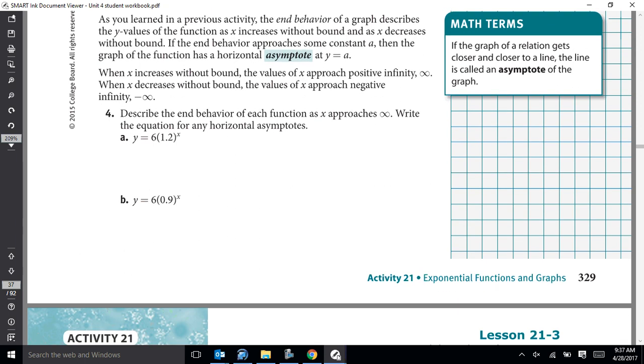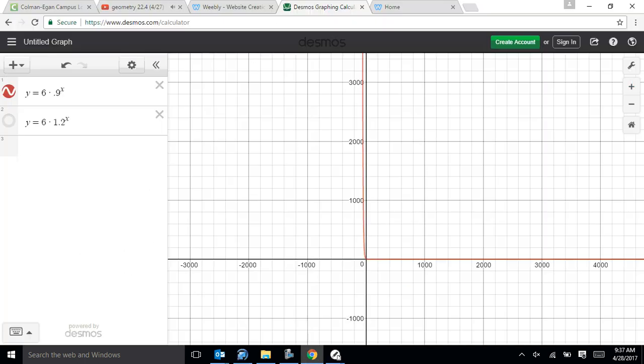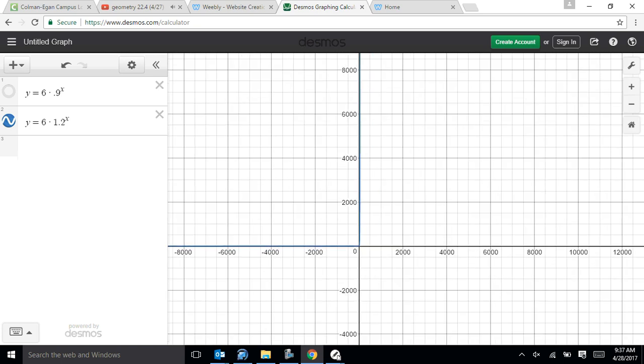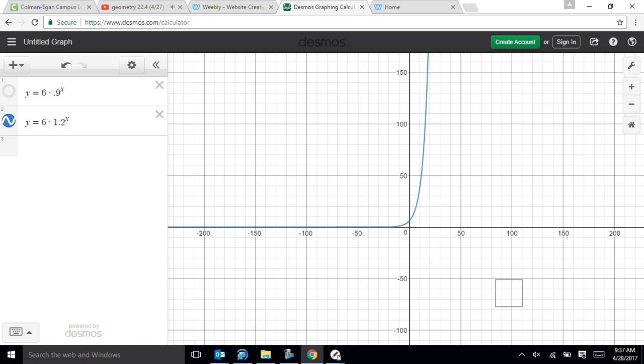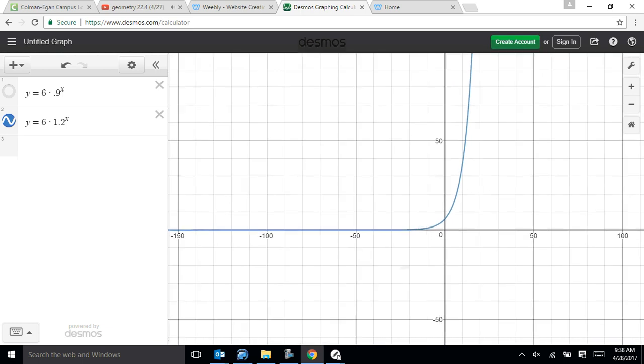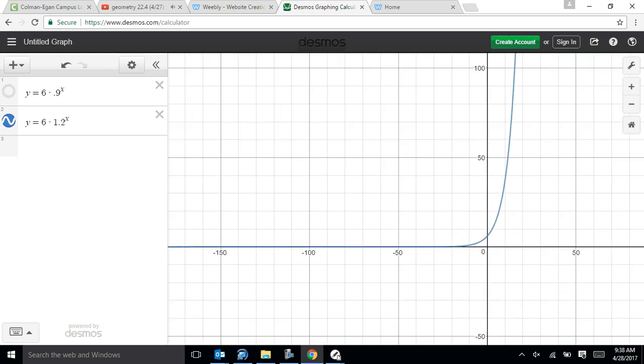All right, so let's look at this. Looking at the blue equation, zooming in. All right, so as x approaches positive infinity, as we're heading this way, we said we're increasing. As x approaches positive infinity, what's our y?